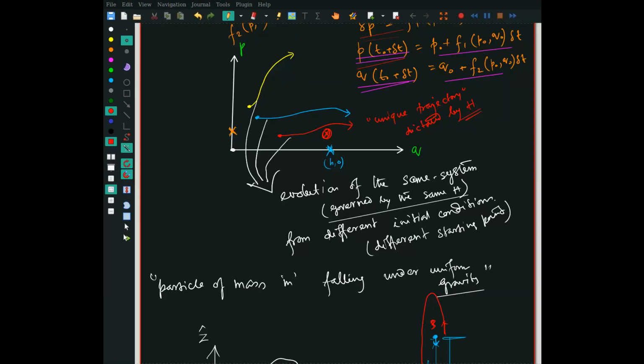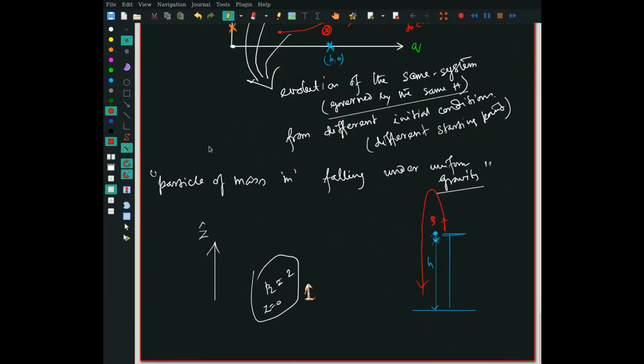Sir, I found that question. That question was L equal to half q dot sine square q.